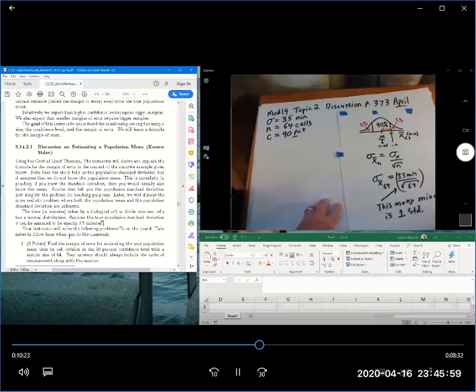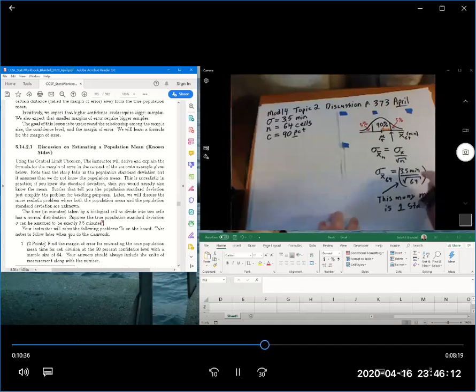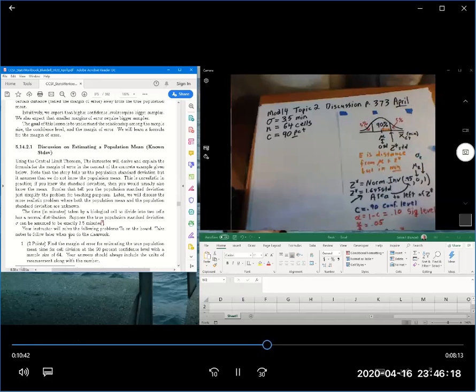So, what's our margin of error? It's 1.645 STDs, and how many minutes makes one STD? This many. So we're just going to multiply to get our margin of error. It's our 1.645 STDs times the original standard deviation over the square root of n.